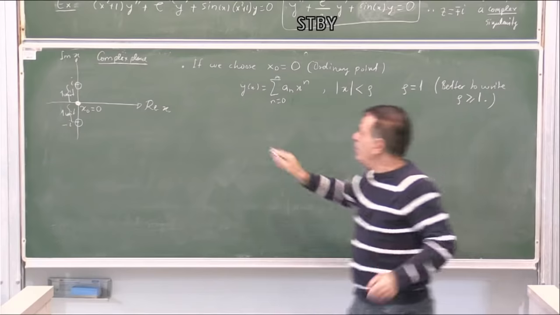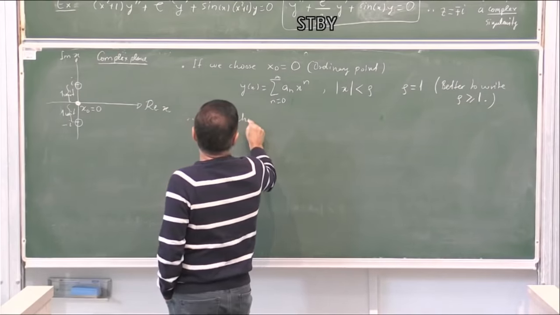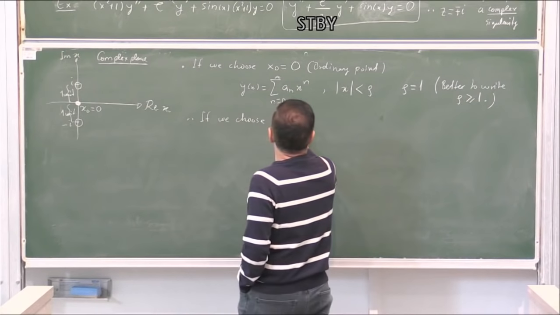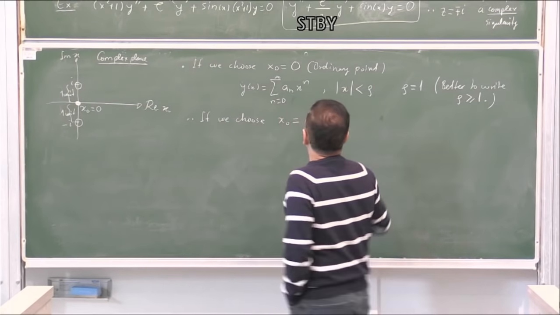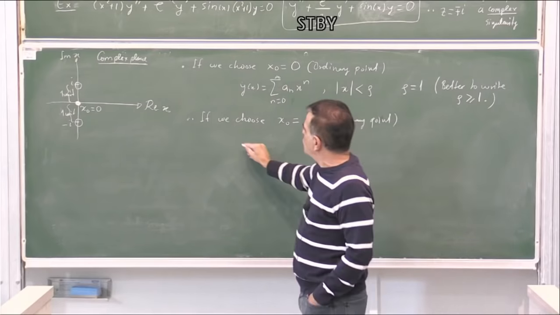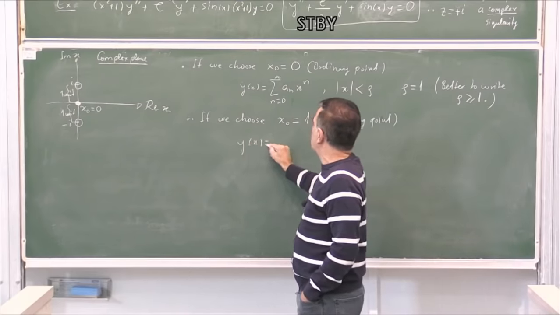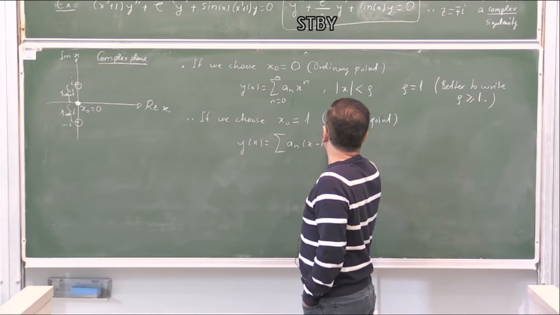Okay? Or if we choose x0 as 1, again an ordinary point, we have a solution of the type, a power series like that, an times x minus 1 to the power n.